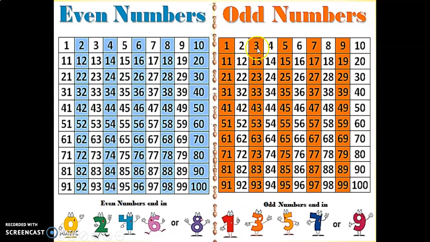Here, the numbers end in number 3. This column shows you numbers that are ending with number 5. This column shows you the numbers that end with number 7. And this last example is a column of numbers ending with number 9. All of these are examples of odd numbers.